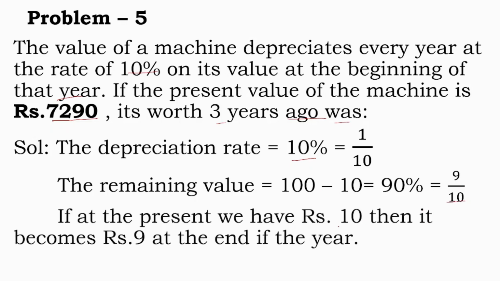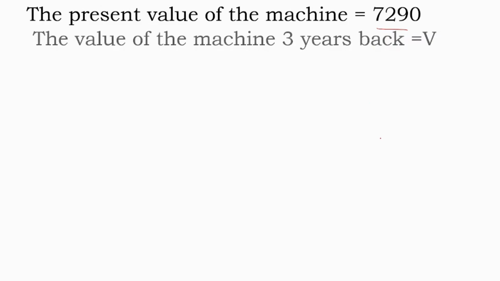So this means that if at the beginning of the year the machine value is 10 rupees, then it becomes 9 rupees at the end of that year. This process continues for 3 years. So the present value is 7,290 rupees.